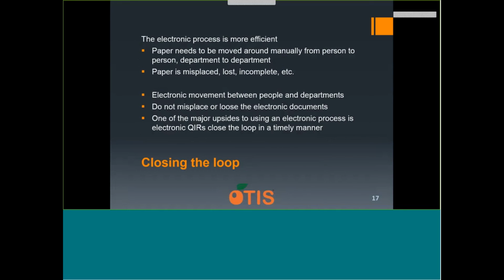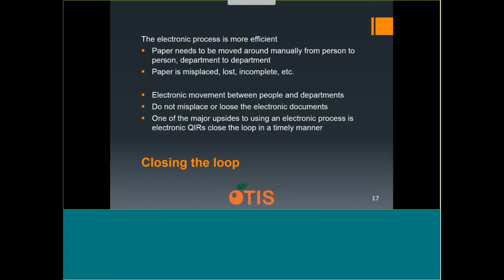As we go on, we'll continue to talk a little bit about them being more efficient and about closing the loop. But basically, paper needs to be moved around manually from person to person, department to department. And like I said, paper is misplaced, lost, incomplete.